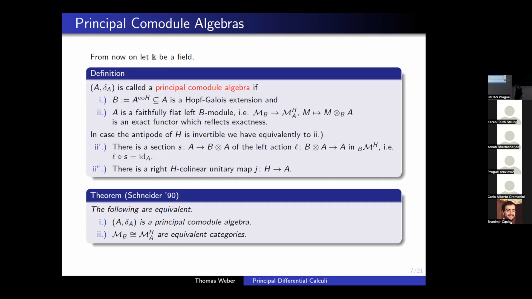Sure. Usually I would just see this as going into vector spaces. So I mean, if it preserves exactness, then vector spaces or relative Hopf modules, it doesn't matter, but reflecting them, because it's a non-full subcategory, so you have fewer morphisms, so is that correct? So you are saying I should see it as mapping into vector spaces.